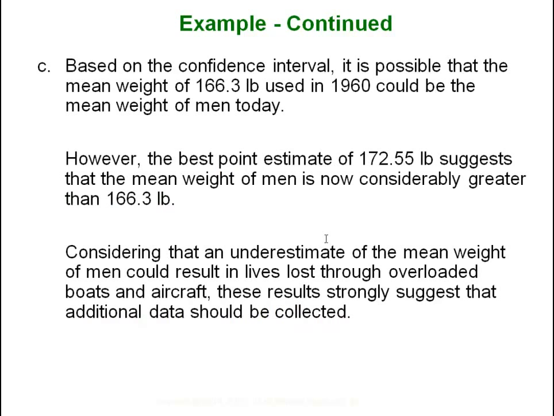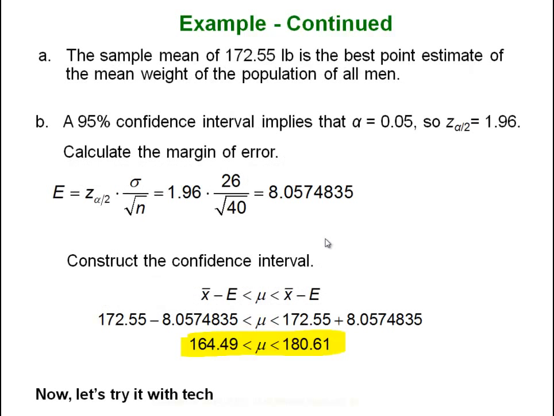The safety measures are based on a weight of 166.3. Well, is 166.3 in our interval? Yes, it is. Even though it's close to the left side, it is technically almost out of it, but it still is in the interval.